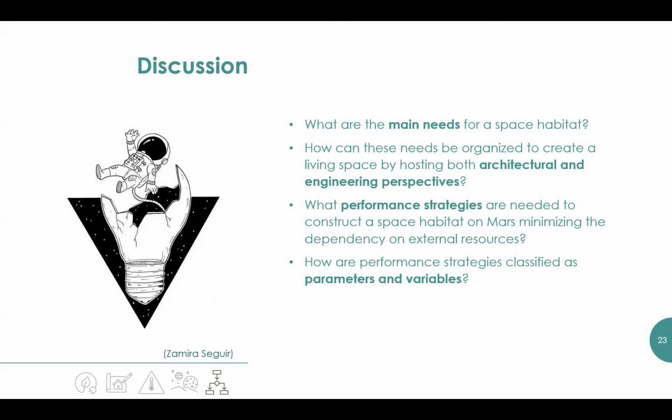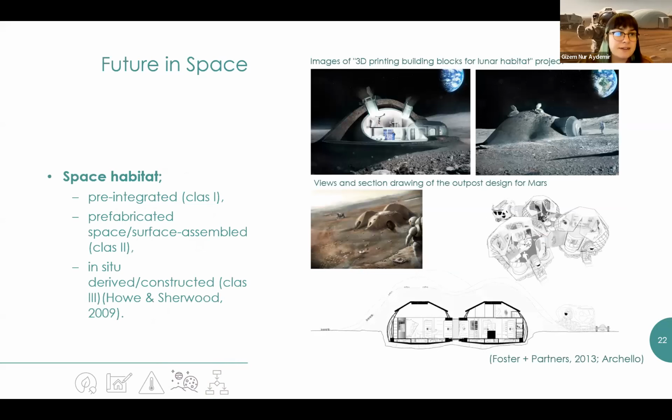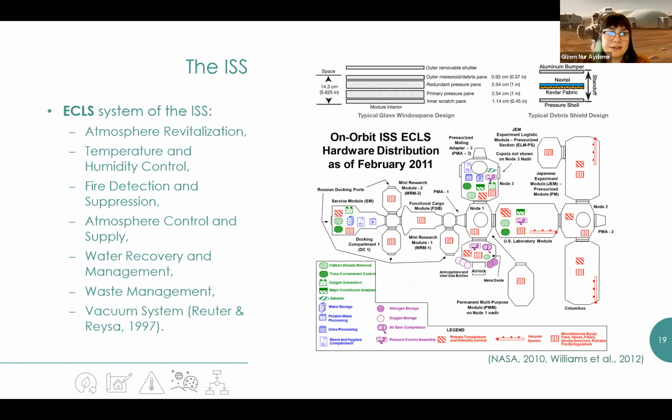I want to know how to resist the extreme cold weather conditions. Is there a heating system or something like that? Actually, it's a very important problem for these issues. For example, in the ISS, as you can see from there, there are a lot of environmental control life support systems for this issue.